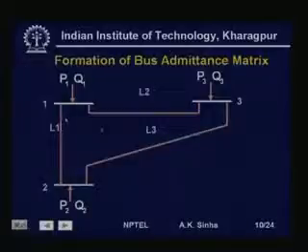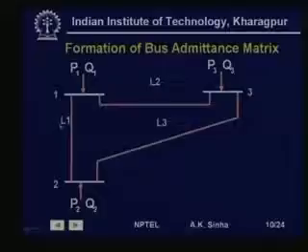These buses are connected to each other through lines, like bus 1 is connected to 2 through line L1, 1 is connected to 3 by line L2, and bus 2 is connected to 3 by line L3.